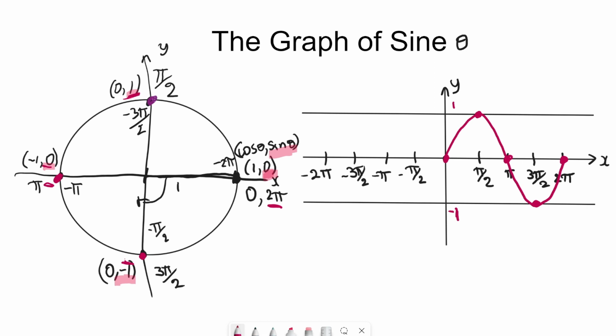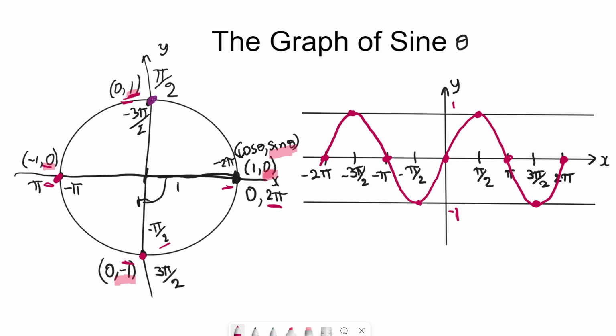So notice when we're at negative pi over 2, my sine is negative 1. So I'd go down here. And then when I'm at negative pi, I am at 0. When I'm at negative 3 pi over 2, I go back up. Okay, and then when I'm at negative 2 pi, sine is again 0. And so I can connect my dots.